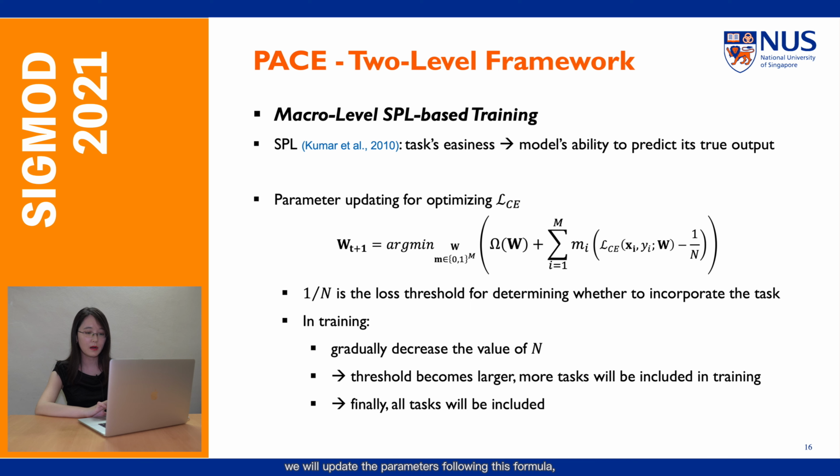We will update the parameters following this formula, where 1 divided by n is the loss threshold for determining whether to incorporate a task or not in each training iteration. So during training, we need to gradually decrease the value of n, such that the threshold of task easiness becomes larger and hence, more tasks can be included in training. Finally, all tasks will be included.